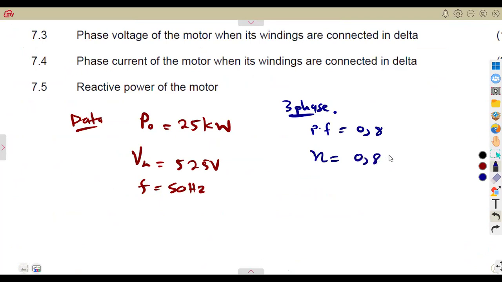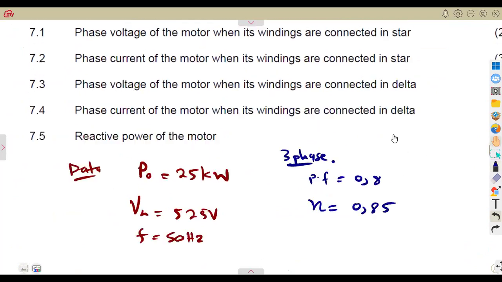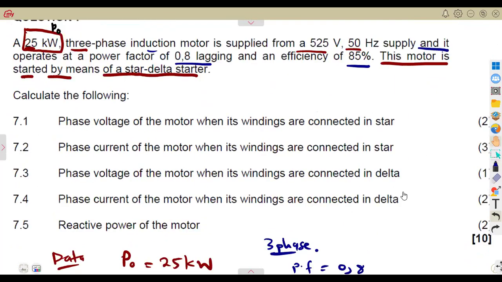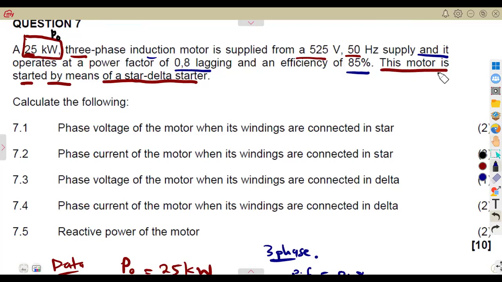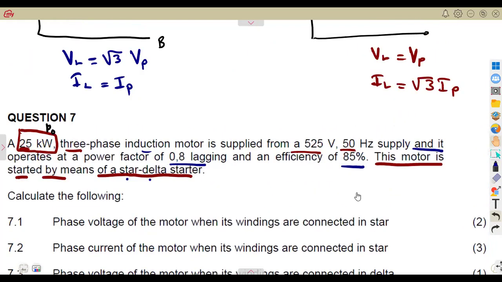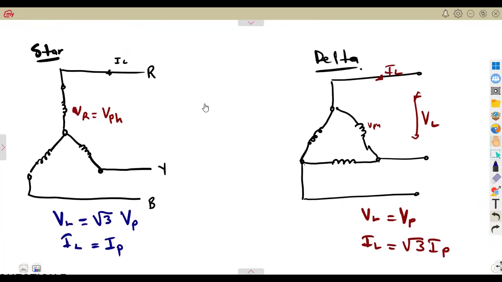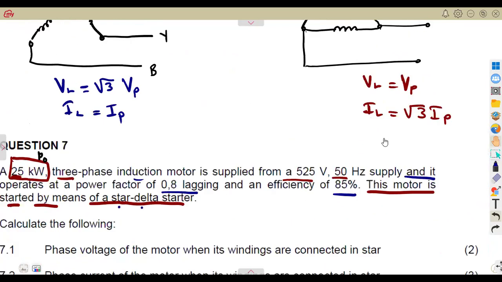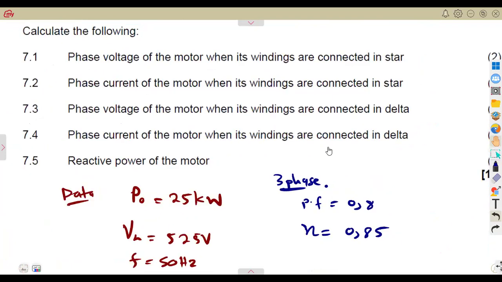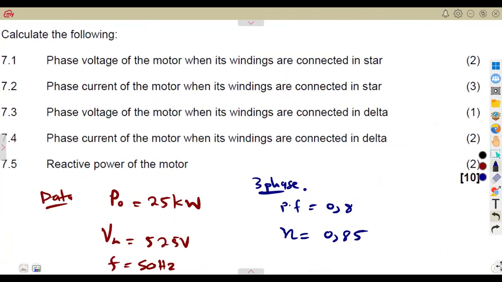So divide by 100, that's 0.85. Okay, so this is what you're given. And we are given that this motor is started by means of a star delta. This is where this part plays a role, where I was talking about the relationship between the star and that of a delta. Okay, so the question is, calculate the following.